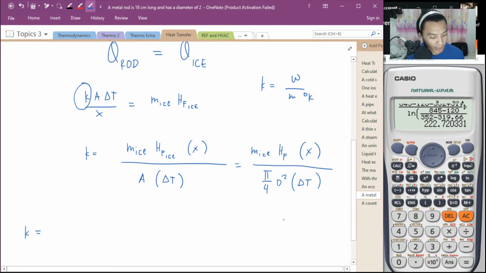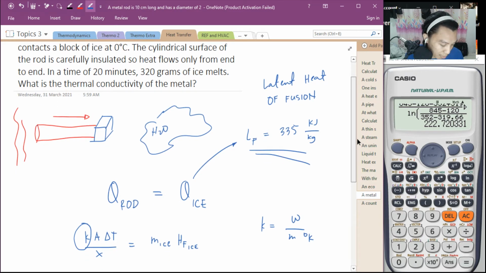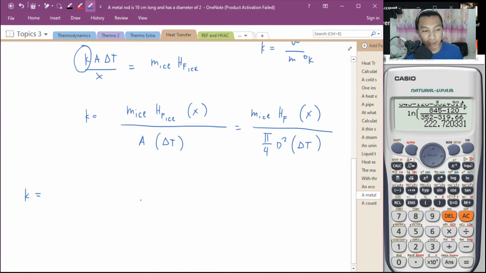The mass of the ice is 320 grams, so let's convert it to 0.320 kilograms of ice per 20 minutes.